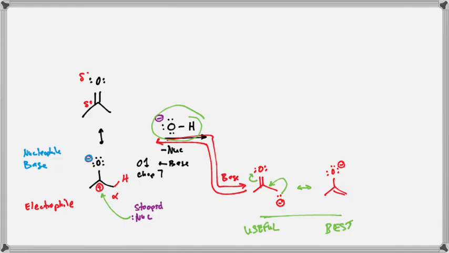I kind of want curved arrows for this, but I think I can get away with it. Our negative oxygen can come in and attack. So nucleophile attack.